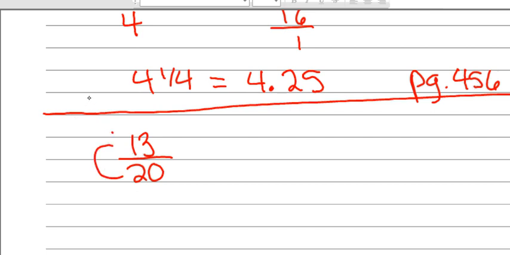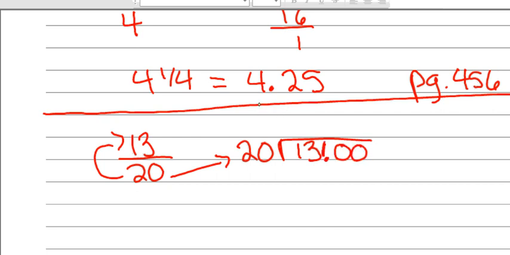So again, bottom goes into top. So bottom number is always here, top number is always inside. So again, I'm not moving any decimals around. The 20 is a whole number. It stays 20. So my point goes after the 13. I'm going to add a couple zeros. Point goes up.